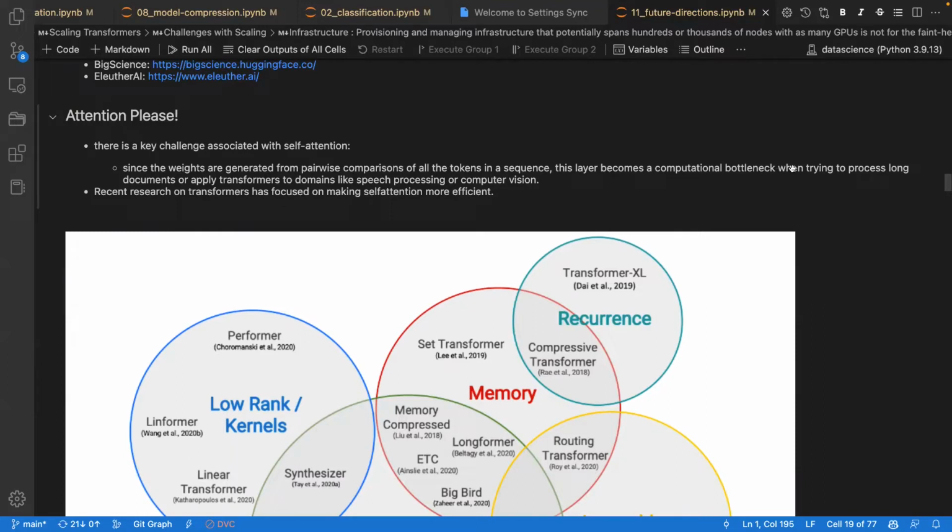This layer becomes a computational bottleneck when trying to process long documents. I don't really grasp this, but they say recent research in transformers is making self-attention more efficient. But this is the key challenge. Anybody with an idea what they are saying here?